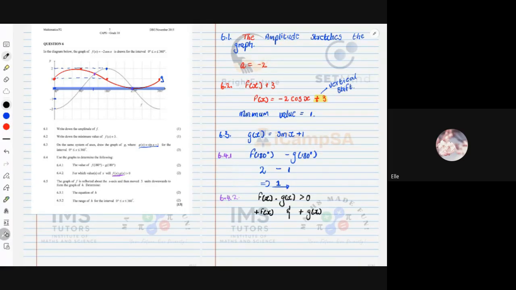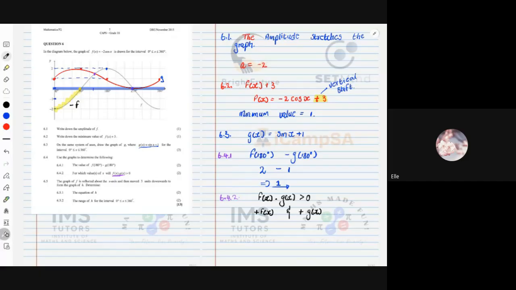Whenever we go to the graph and find that g at x is negative, negative times positive is going to result in a negative, which is a number less than 0. So that's not going to work. When we come here from 0 to 90, you can see that f is negative, so automatically that side is out.